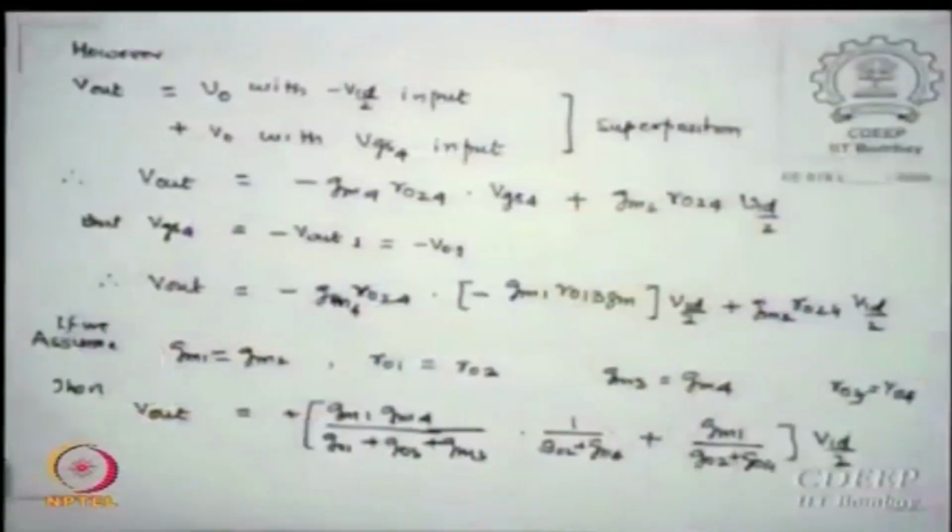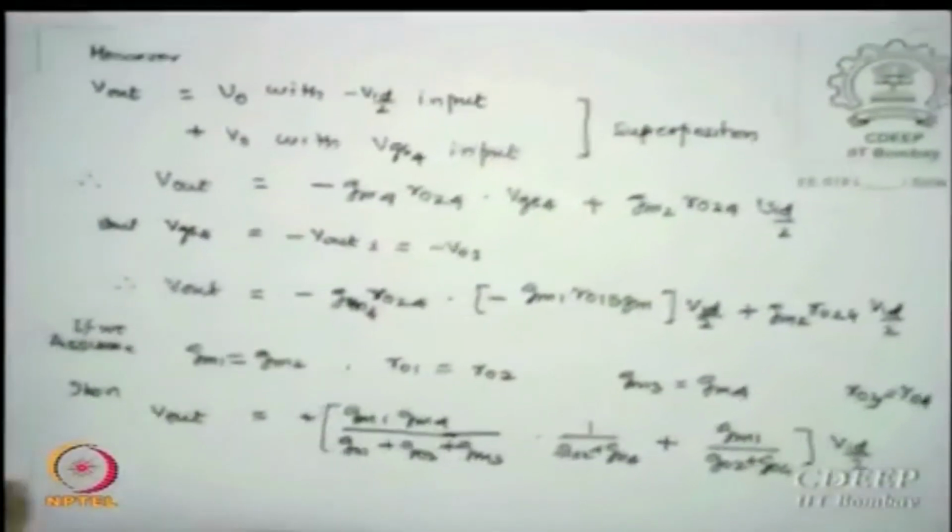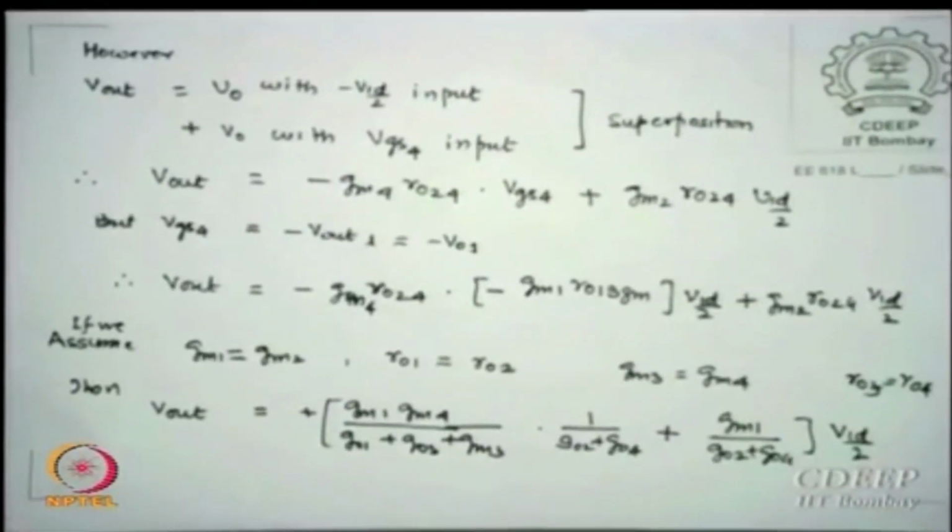Now looking at the output side, the second part of the circuit, we know Vout is the output voltage with minus VID input and VO with VGS4 as the other input. So we just superpose them. As I just said, the method is to open a current source, use only one of them, open the other one and start looking for the other current source.